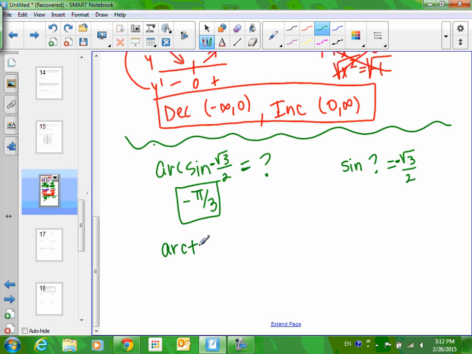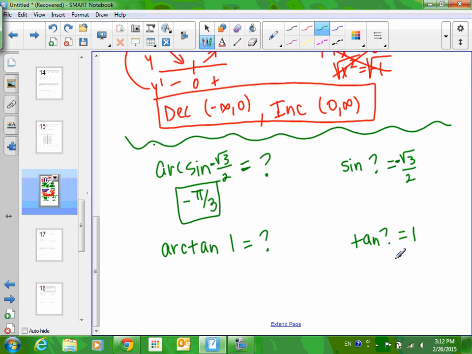Let's say, what is arctan of 1? And remember, here's another thing, your answer has to be between negative pi over 2 and pi over 2. It can't be outside of that interval. That was what restricted range meant. So we would say tangent of what equals 1?